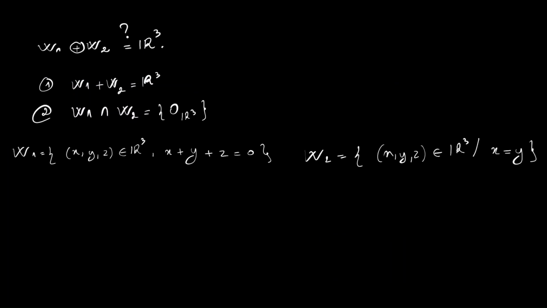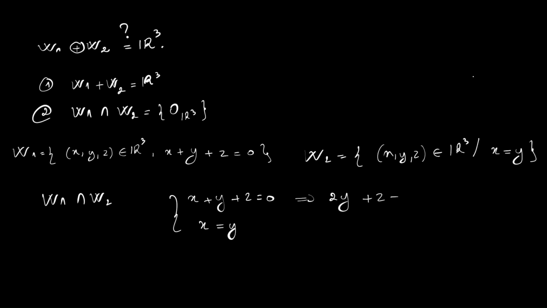A vector belongs to W1 intersect W2 if it satisfies both equations at the same time, which is this equation and this equation. Let's substitute y with x in the first equation. We obtain 2y plus z equals 0. Then z equals minus 2y.